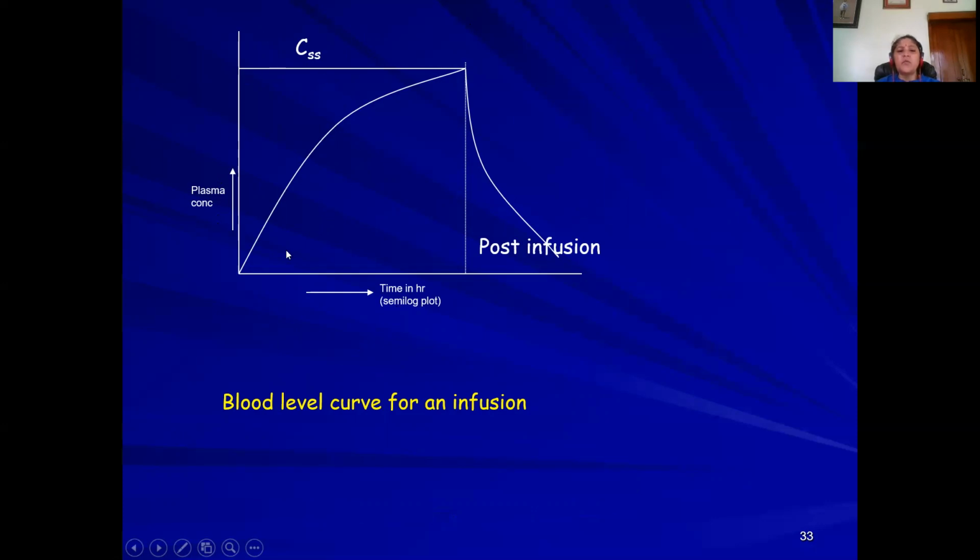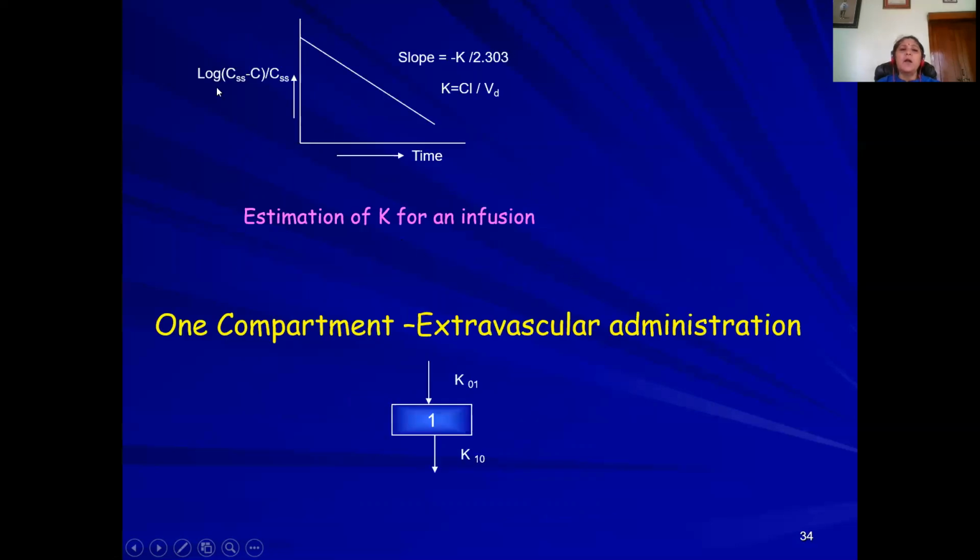In case of infusion, the drug concentration increases till the point of infusion, and once the infusion is stopped, it declines like this. And this is known as the steady state concentration. If you plot a graph of log of (CSS minus C) divided by CSS versus time, we get a straight line, from the slope of which we can get the value of K.